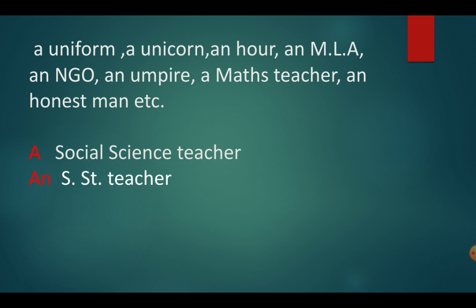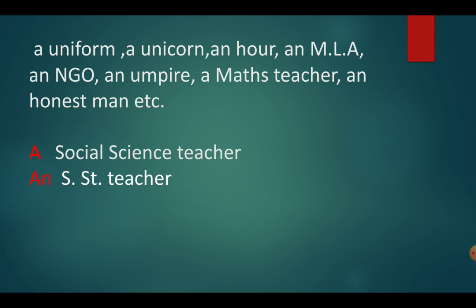Next example, an NGO. Again, if we talk about the letter N, yes, N is not a vowel, but the sound of N is a vowel sound. That's why we use here an. An empire. The word again starts with U, but the sound is also a vowel sound.